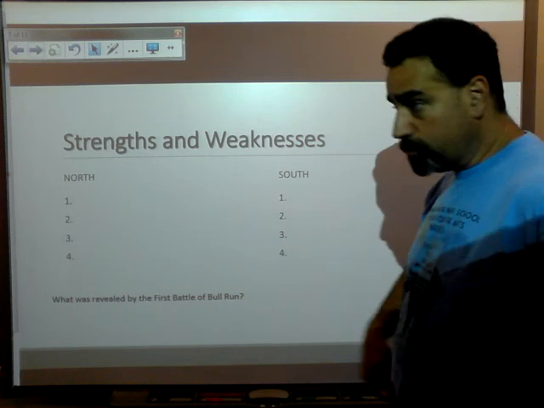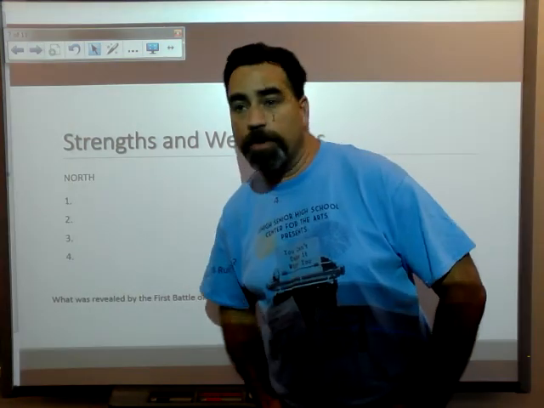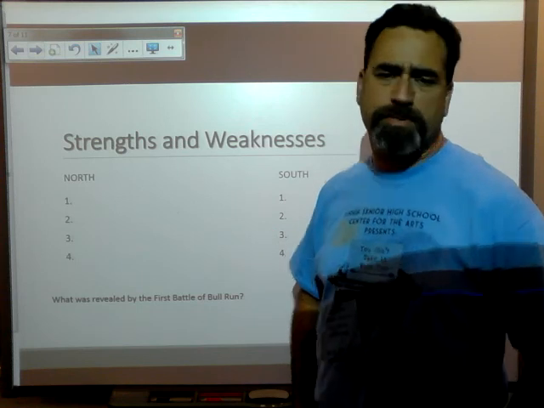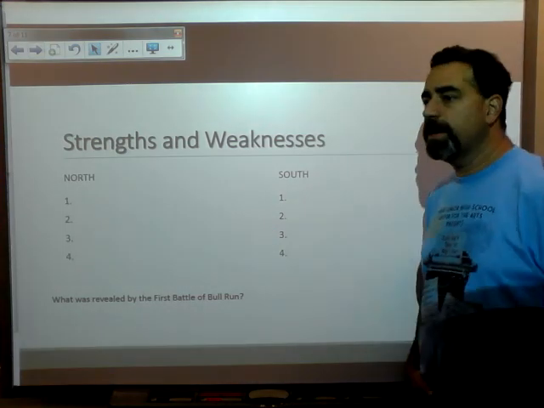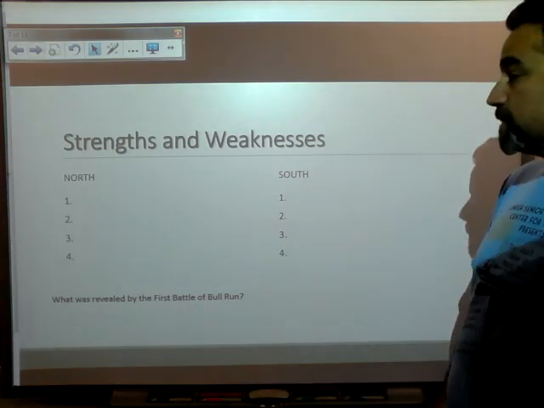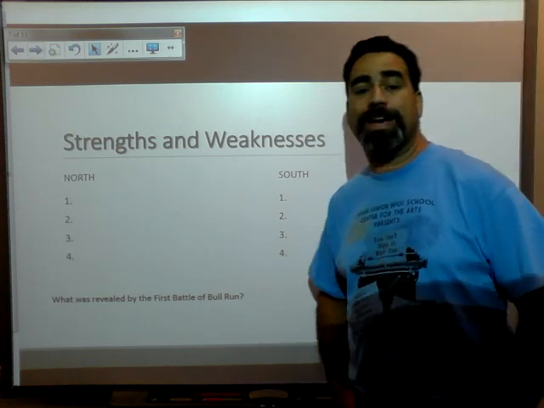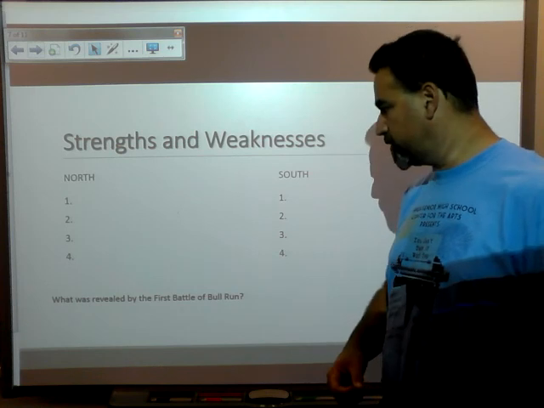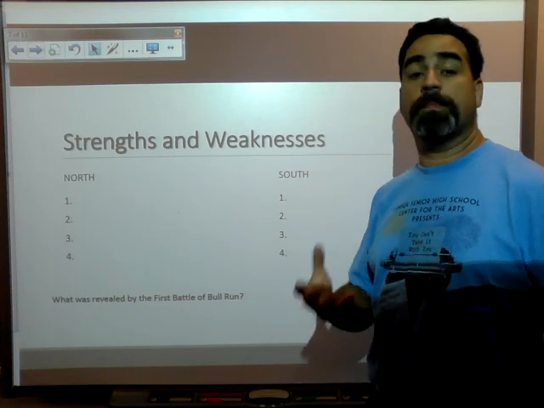Now, the North had some things going for it. One thing, the North had twice the free population that the South had. The North was also in possession of about 9 times the industrial resources that the South had. The South had some industrial resources, but the North had an awful lot more.